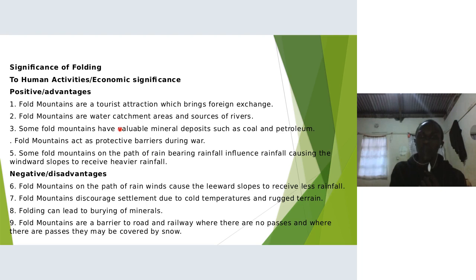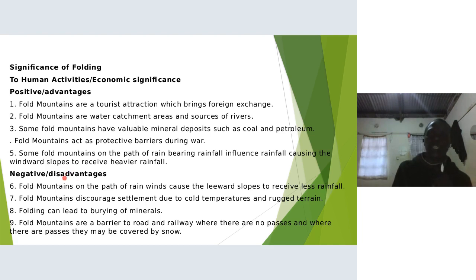Fold mountains are water catchment areas and sources of rivers, and some have valuable mineral deposits such as coal and petroleum. Fold mountains act as a protective barrier during war. And last but not least, fold mountains on the path of rain-bearing winds influence rainfall, causing the windward slope to receive more rainfall as compared to the leeward side.